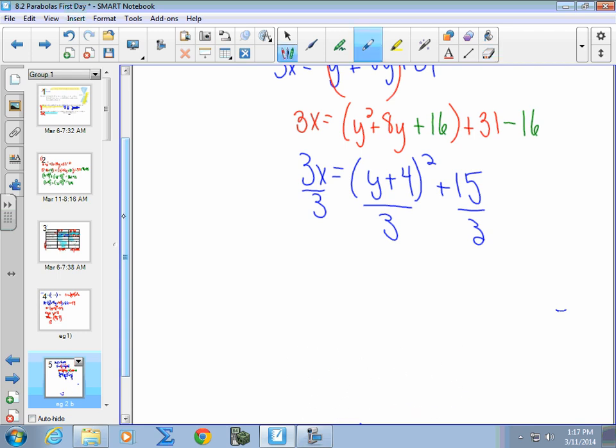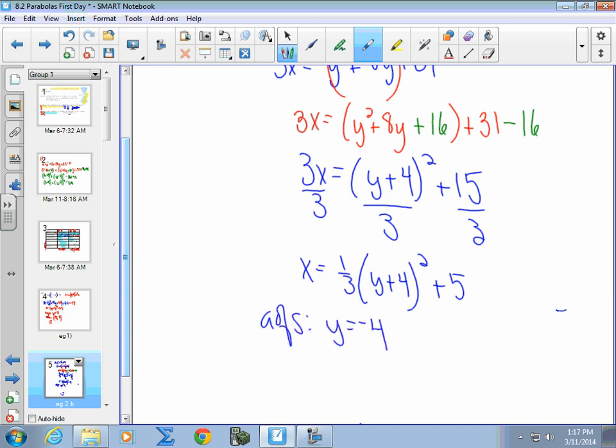So what do we have? We have x is equal to 1/3 times y plus 4 squared plus 5. The axis of symmetry is y is equal to negative 4. The vertex is 5 and negative 4.